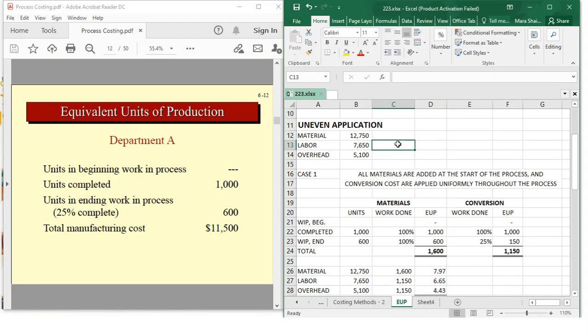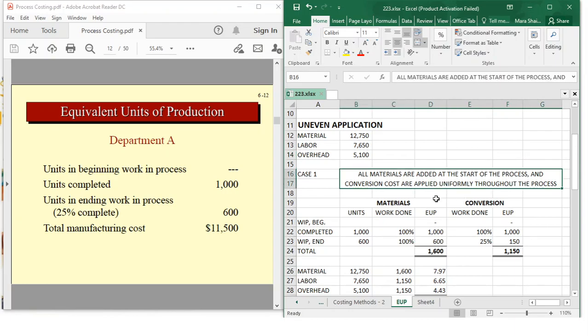So in here, if you look at the Excel, I will be showing you 3 cases. Take note that the material is 12,750, labor of 7,650, and overhead of 510. So, you have here your first case. All materials are added at the start of the process. Take note, at the start of the process we add materials.